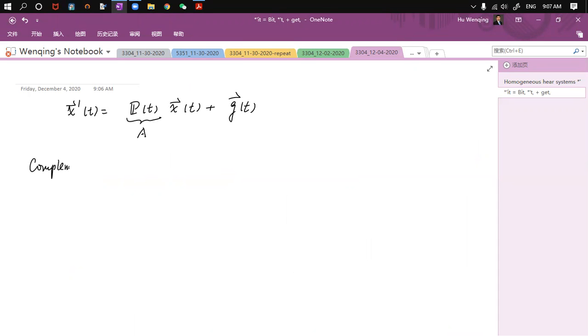As before, the complementary equation is obtained by removing g of t. Whenever you remove the non-homogeneous term, the equation that you obtain is called the complementary equation. Is that good for everybody?